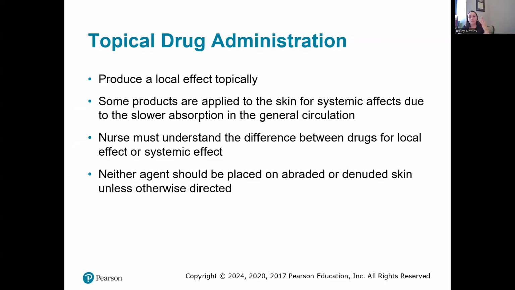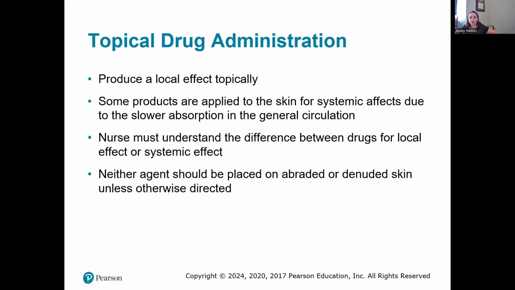The most important thing is that I don't put it on skin that is broken. Now you're going to say, but wait, what if it needs to go on a wound? Unless otherwise directed, do not put it on an open wound. Neosporin, that's supposed to go on an open wound, right? But if I'm giving you a Voltaren gel, which is an anti-inflammatory gel, I don't want that to go into an open wound.